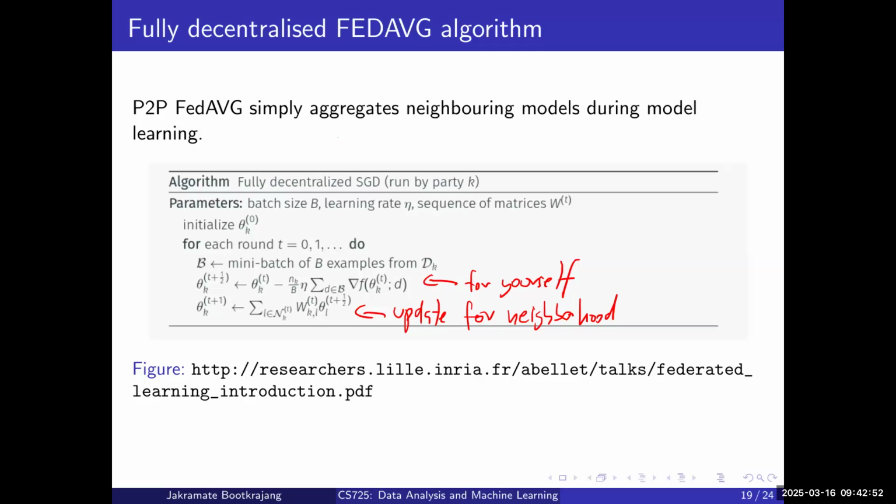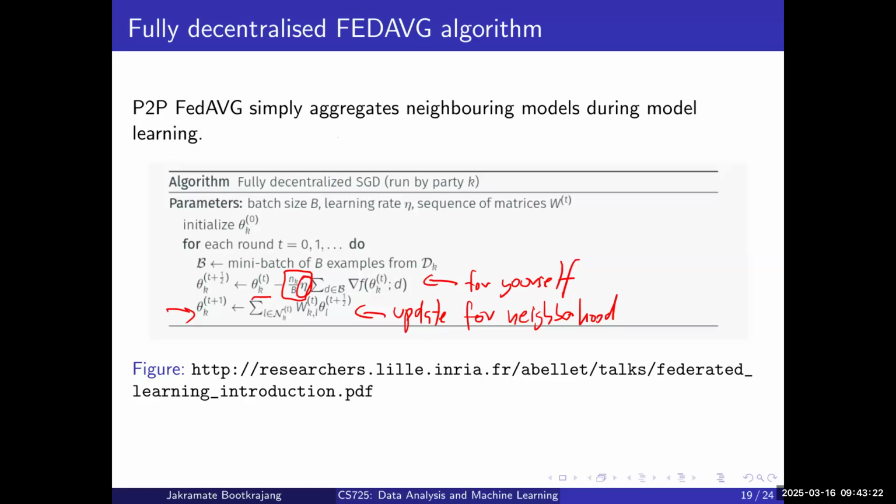So one thing to notice is that in the first update, you have this learning rate, so you add a small gradient into your weight, but for the second one, you just take all the weights of your neighborhood with yourself included.